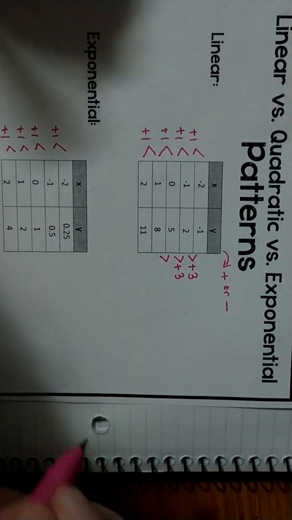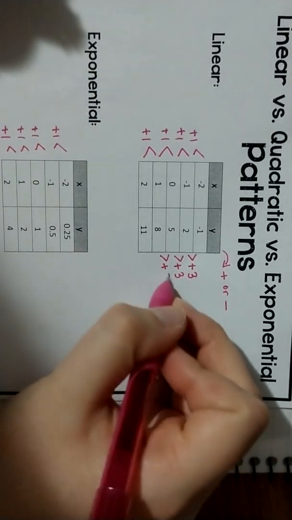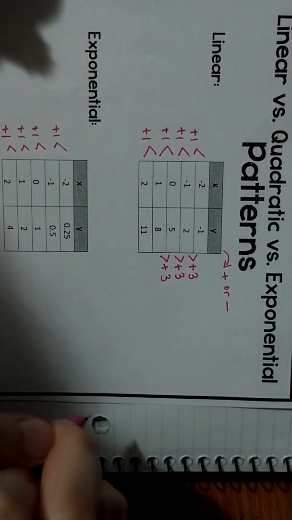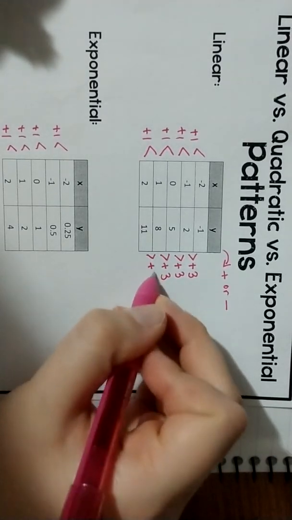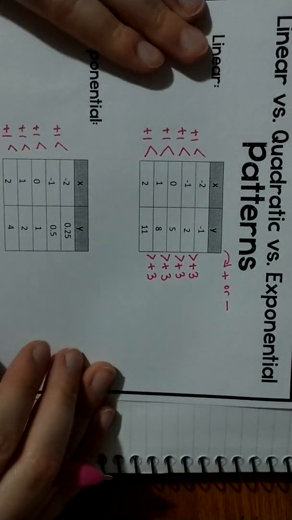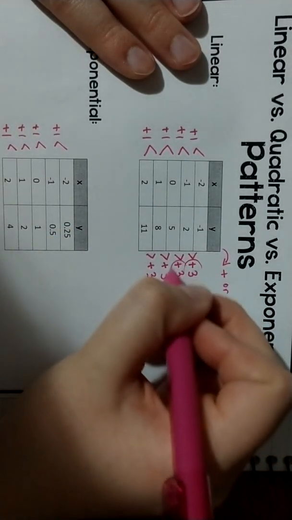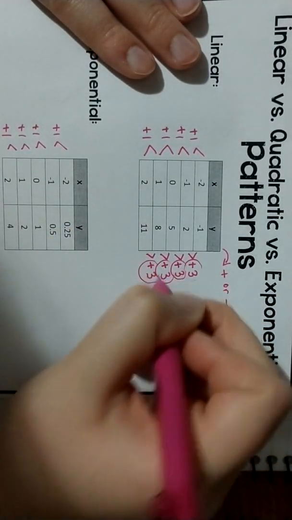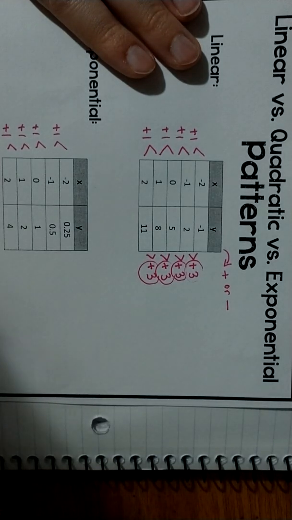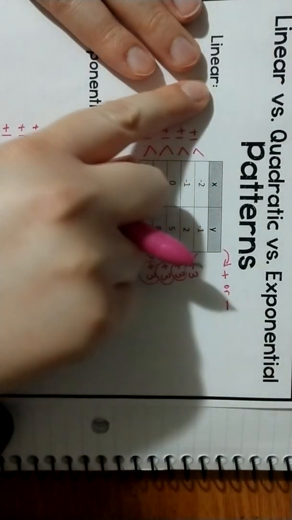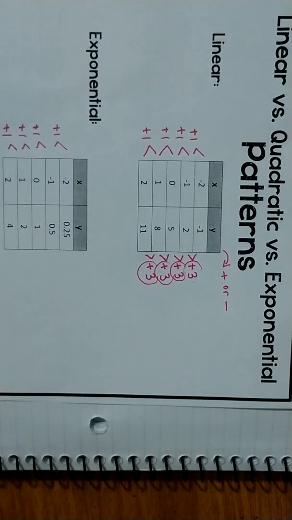What do you add to 5 to get 8? Also 3. What do you add to 8 to get 11? Also 3. So for something to have linear behavior in a table, you're looking for adding or subtracting by the same value. Okay, so this could have been minus 3, and it still would have been linear.